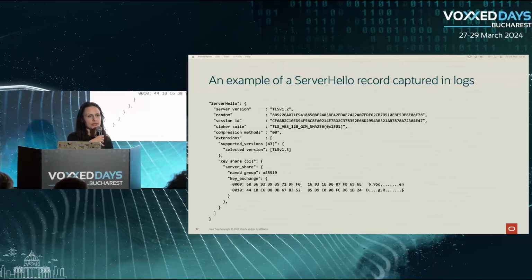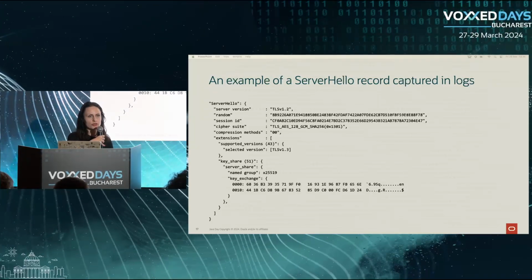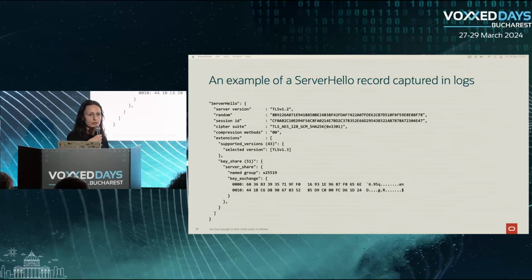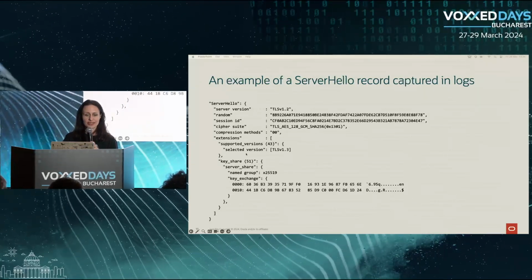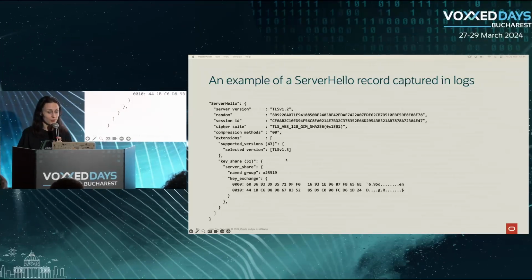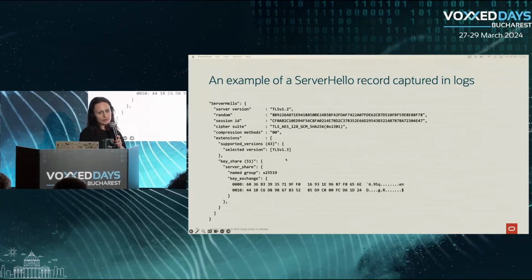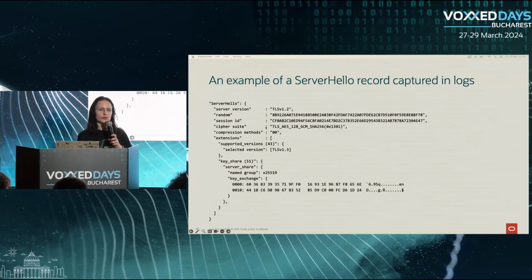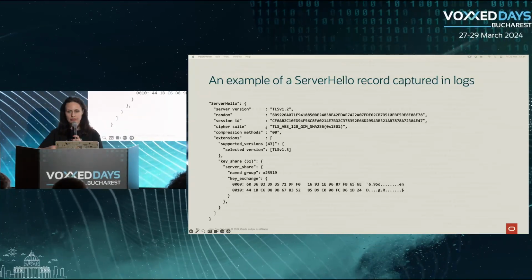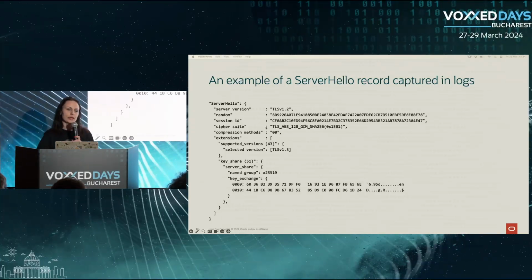Now, some of you might be tempted to say that, okay, the version that was used was TLS version 1.2. No, the version that was used was the selected version, which is TLS version 1.3. This also gives us information about which cipher suites are being used by the application when doing the TLS handshake.